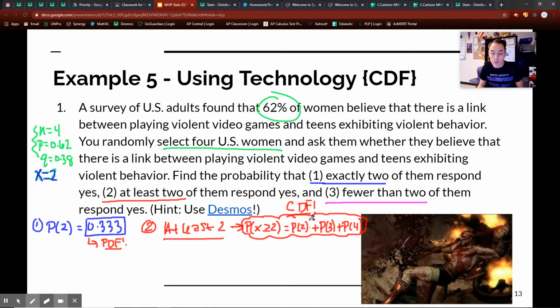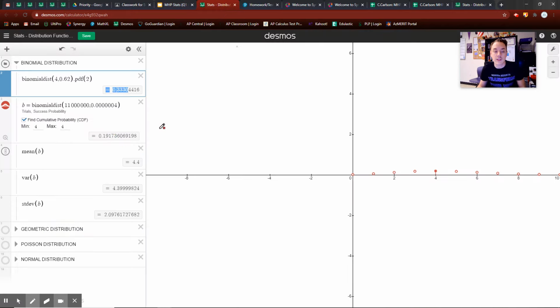So now we could do this the long way, right? We could find the probability of 2 with the whole formula, the probability of 3 with the whole formula, the probability of 4 with the whole formula, and then add them all together. Why would I want to do that when I can use Desmos.com? So the probability of x being greater than or equal to 2, at least 2, equals some number. Let's find out what that number is.